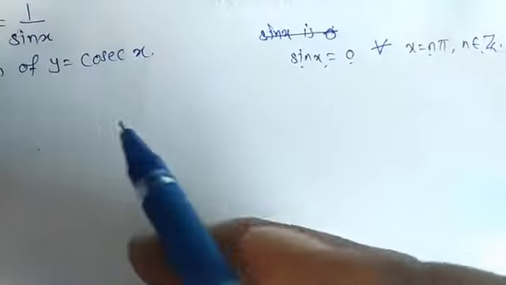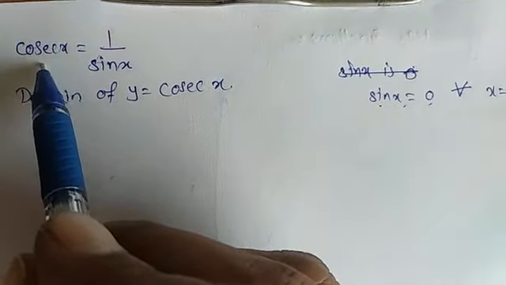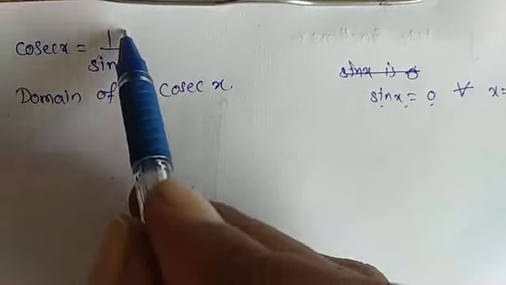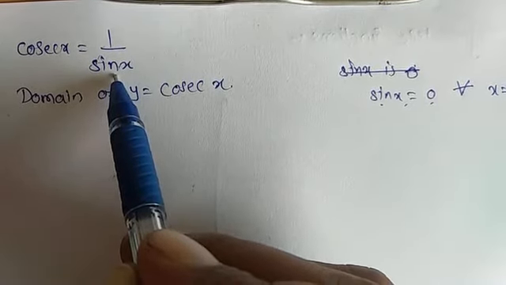So when considering the trigonometric function cosec x, it can be written as 1 upon sin x, and the denominator should not be equal to 0.